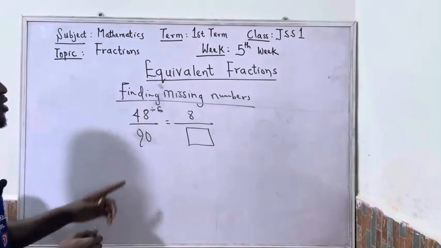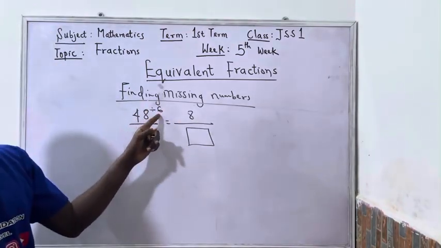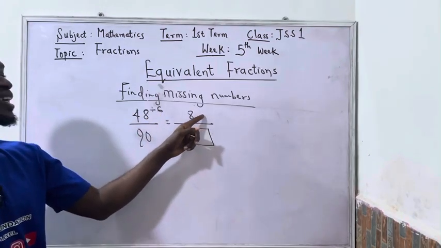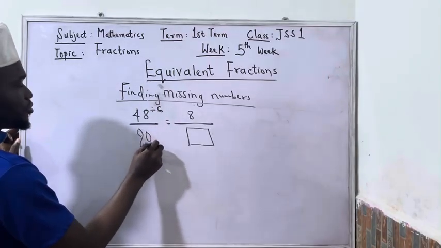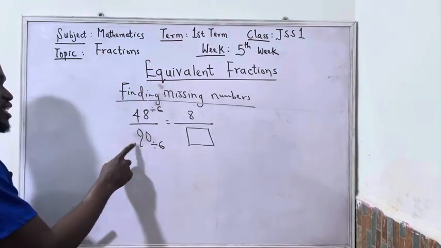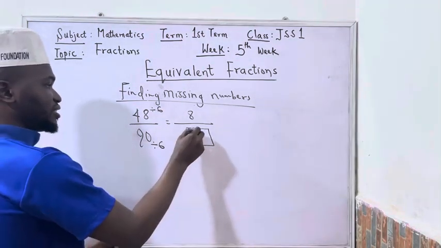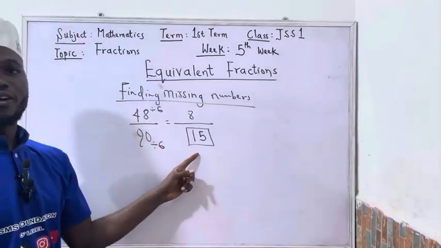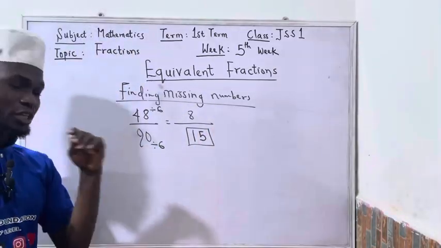They have divided 48 by 6, so 6 is the scale factor. 48 divided by 6 gives me 8. Then I must divide 90 also by 6. 90 divided by 6 will surely give me 15. So the answer will be 8 over 15. You can use the other method too, the method of multiplication.